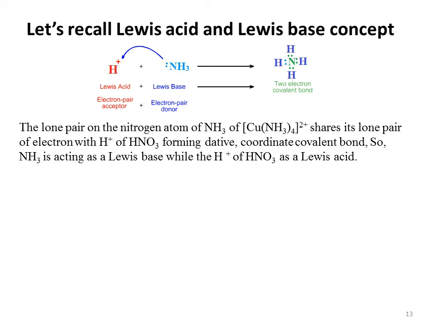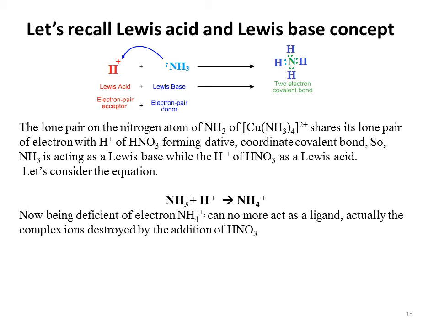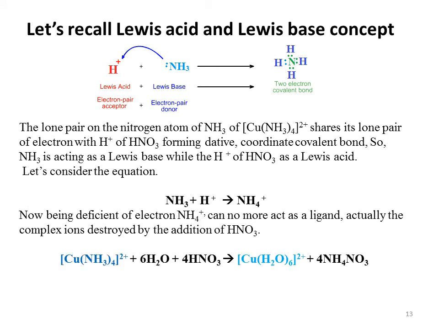Now you can see the ammonium ion, being deficient of electrons, can no more act as a ligand. Actually, what happens is that there is no ammonia left that can act as a ligand; ammonium ion is present, which cannot act as a ligand. So in result, the complex is destroyed by the addition of nitric acid.